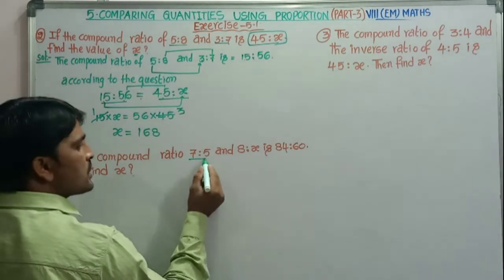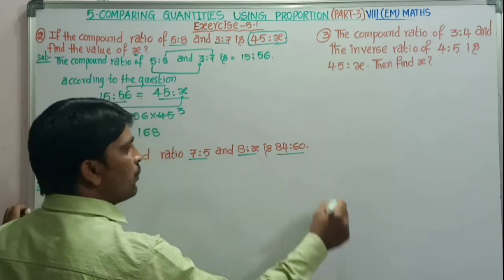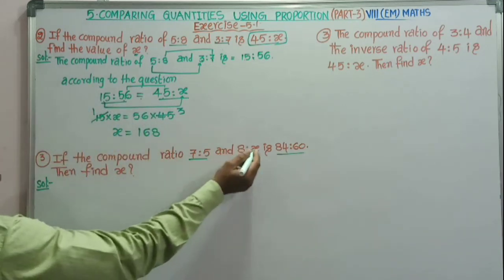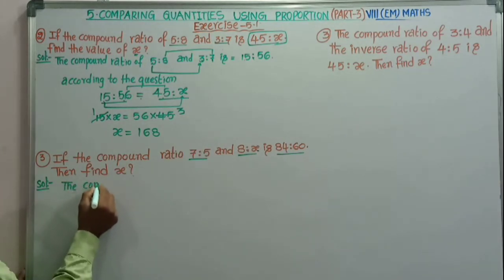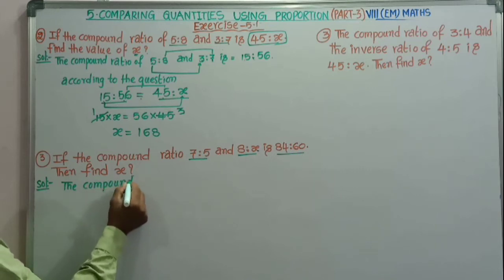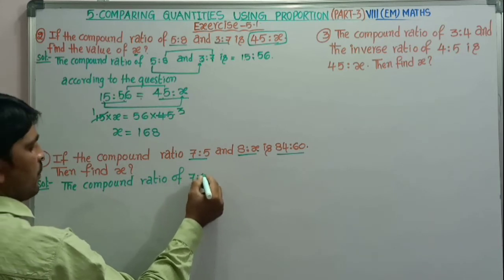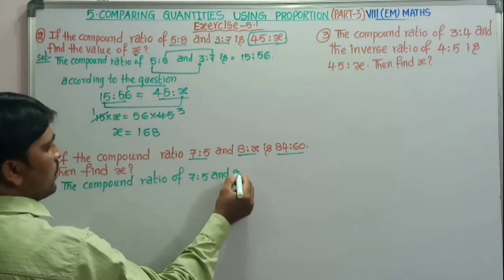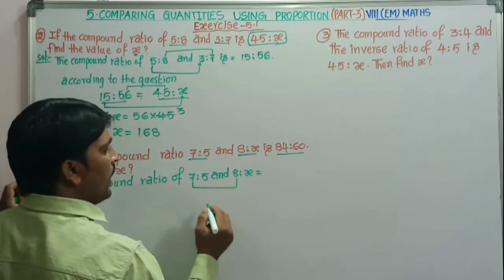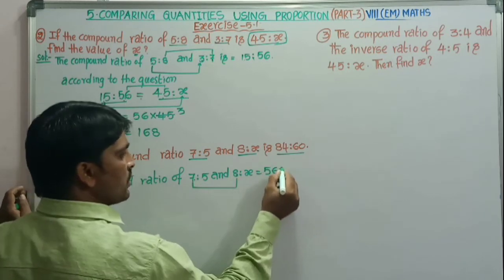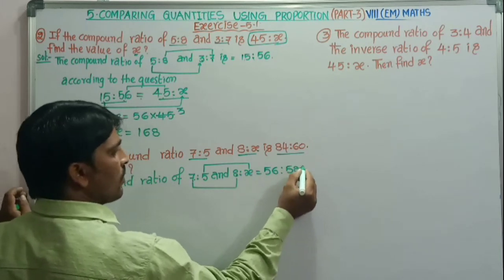Second question. The compound ratio of 7:5 and 8:x is 84:60. Then find the value of x. That is, the compound ratio of 7:5 and 8:x is the product of their antecedents, 7 eights are 56, to the product of their consequents, 5 into x, 5x.